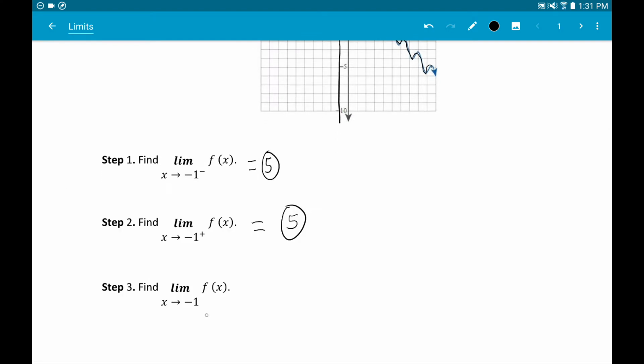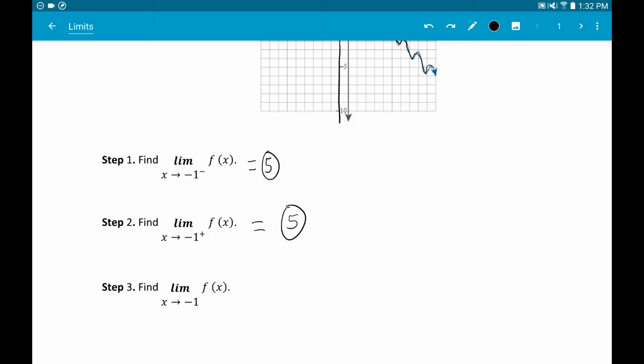Step 3 is the two-sided limit. First thing, note the notation difference here. Notice right there, there's no plus or minus sign like you have with left and right-sided limits. So this is just the limit as x approaches -1. Whenever we see that there's no plus or minus indicating left or right, that's understood to be a two-sided limit.